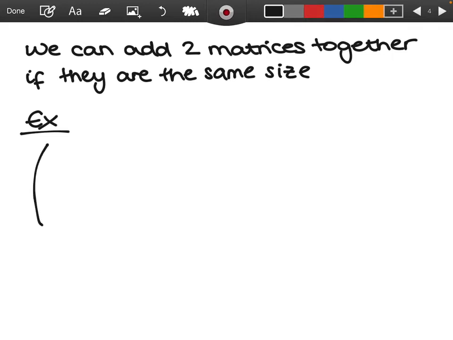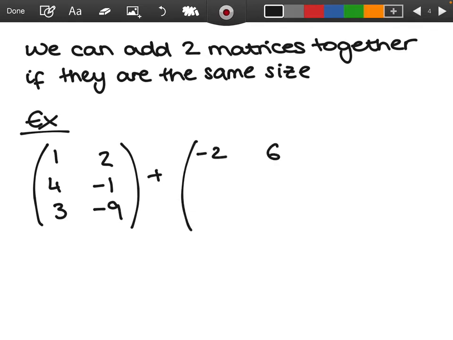So when we do this, let's say our example, I'm going to do two different 3 by 2 matrices. So I've got 1, 2, 4, -1, 3, -9, plus -2, 6, 1, 1, -4, 7. So I'm adding these two matrices together. They have to be the same size because when we add matrices, we just add their corresponding entries.